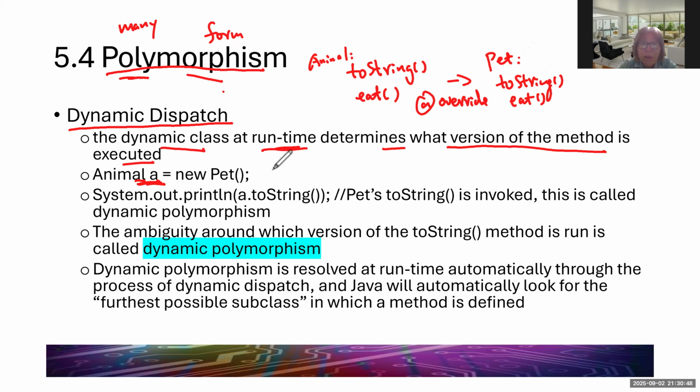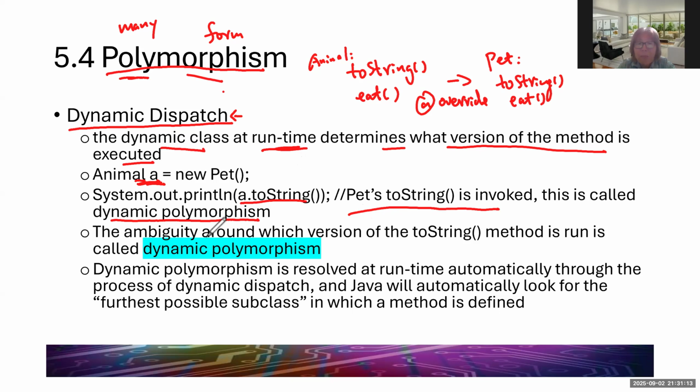So when you do a.toString, which toString is going to be used? Is it Animal's or Pet's? It's going to use Pet's. This we call dynamic polymorphism, or dynamic dispatch.